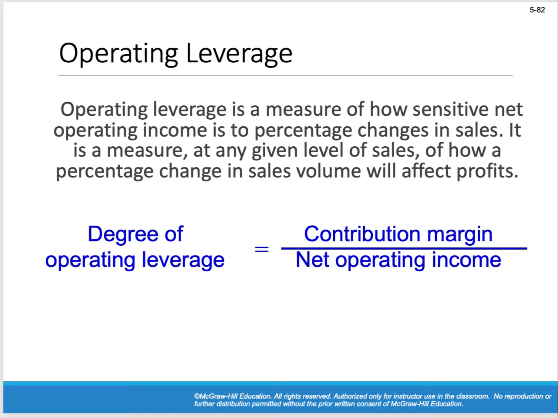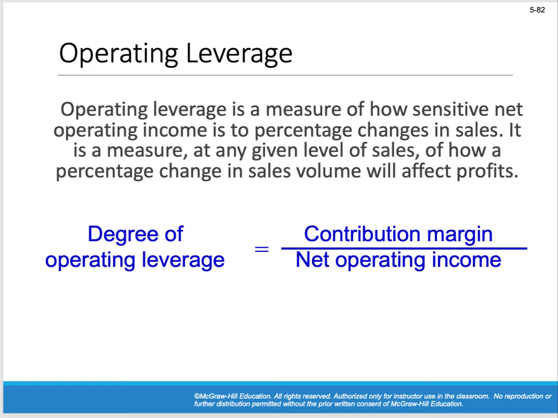So the degree of operating leverage, again, is a measure, we can do it at any given sales, of how a percentage change in sales volume will affect the bottom line. We see here on the slide how to compute it. Contribution margin divided by net operating income provides us with the degree of operating leverage.